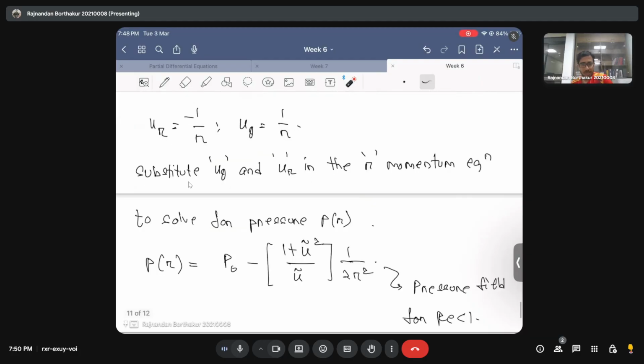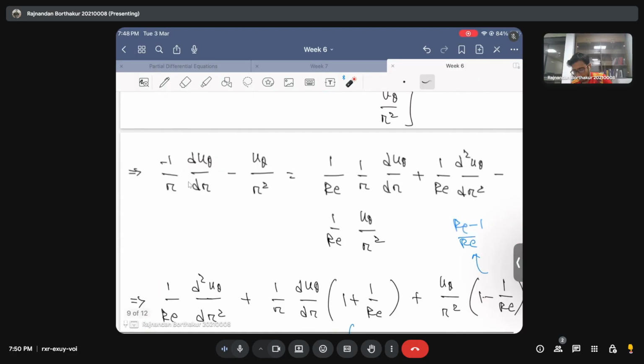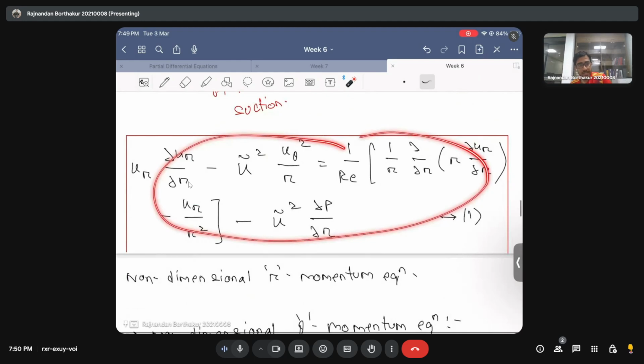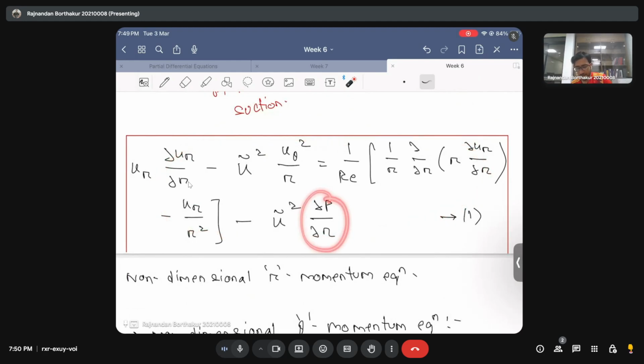Again, I hope you can realize how you get pressure: we just take these values of ur and u theta, substitute them in the r momentum equation, which is this, and then integrate it once, because we have del p del r, and use the fact that when r equals infinity, when we are approaching the far field, my pressure is p naught. That's all you need to do.